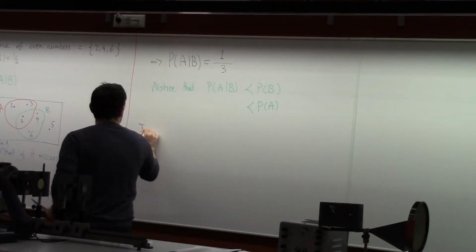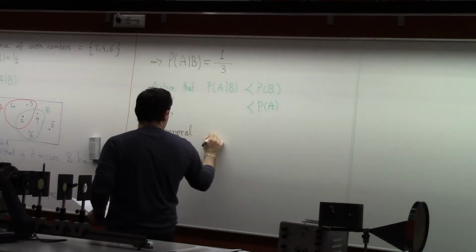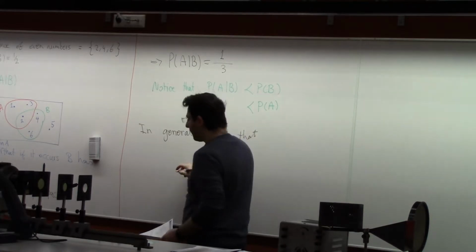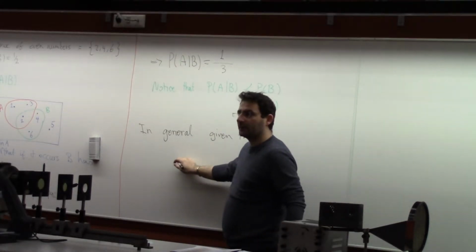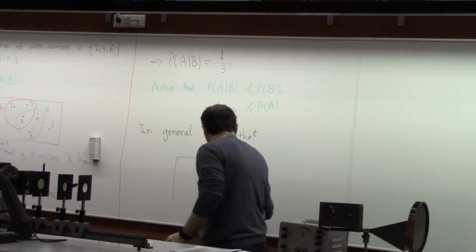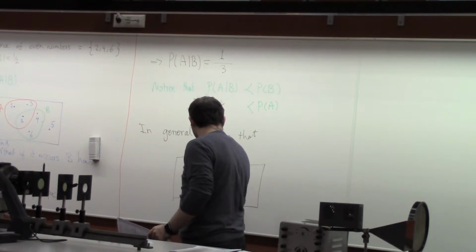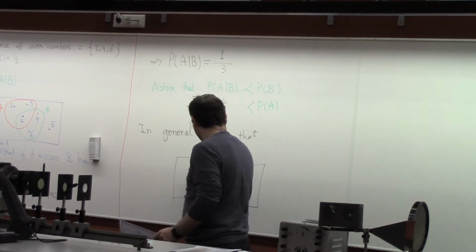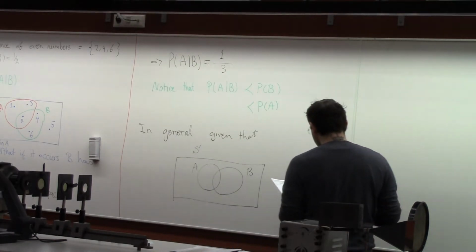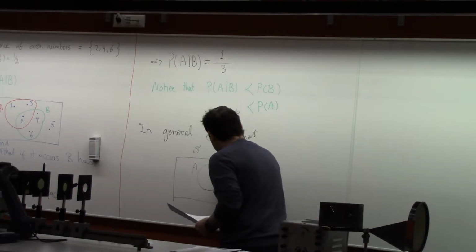In general, can you see if I draw here? If we have this sample space S, and this is B and this is A, what is this?